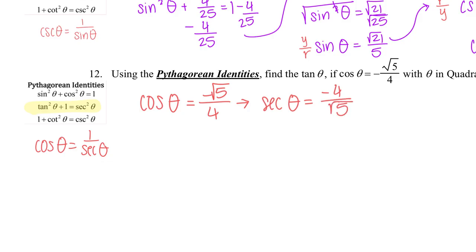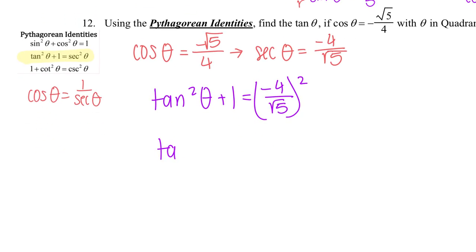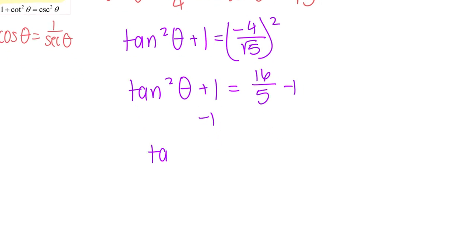So now I have tan squared theta plus 1 equals negative 4 over the square root of 5. Keep in mind it's squared. So now I'm going to have tan squared theta plus 1 equals 16 over 5. Subtracting 1, I'm going to have tan squared theta equals 16 over 5 minus 5 over 5.